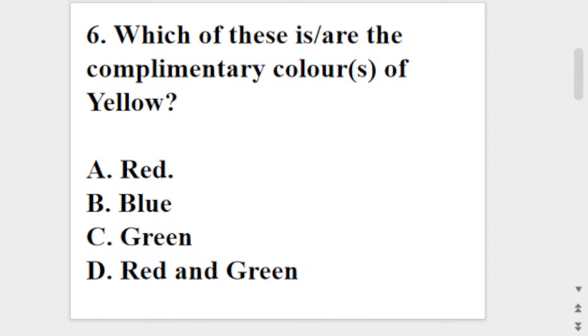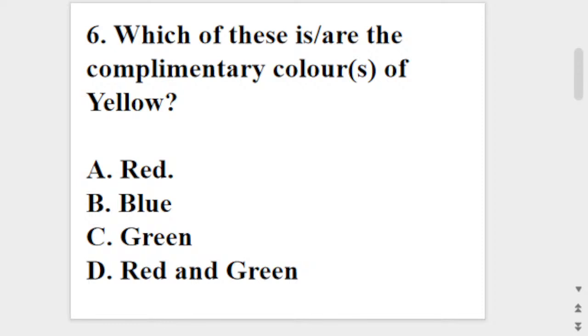When blue and green combine together, it produces a secondary color called cyan. Cyan is spelled C-Y-A-N. Now, you know the three primary colors that we have: red, blue, and green. Now, you know the three secondary colors we have: magenta, which is made up of what? Red and blue. Yellow, which is made up of red and green. And then cyan, which is made up of blue and green.